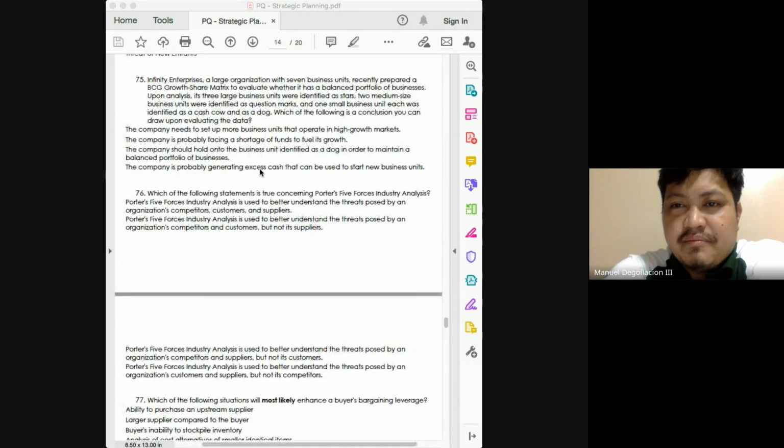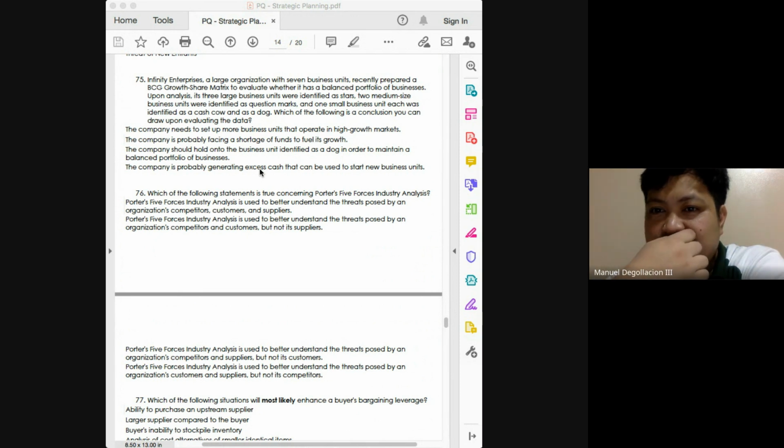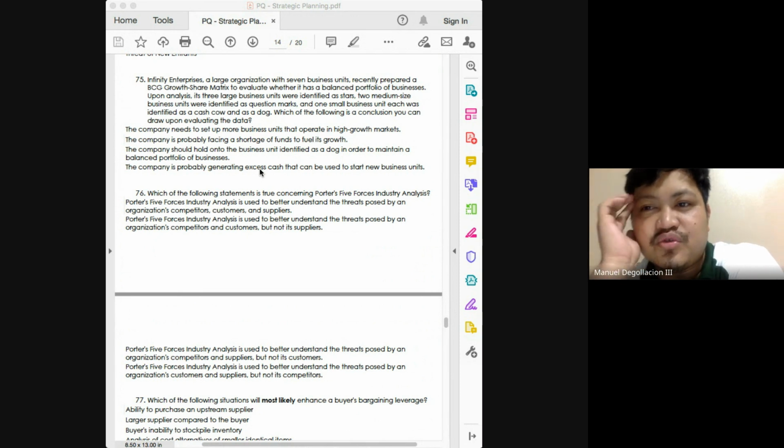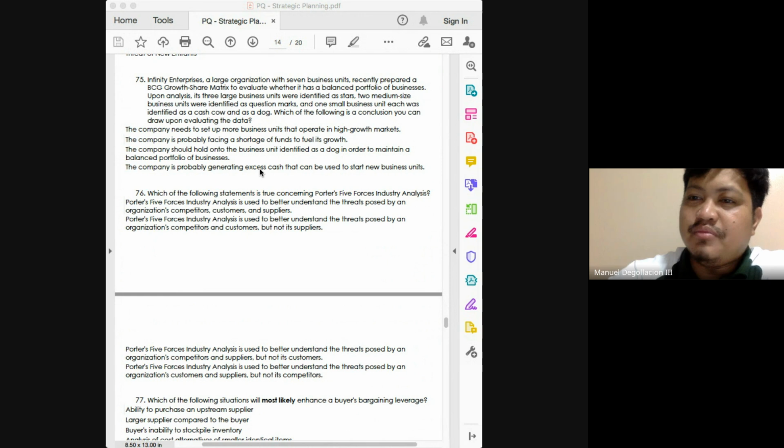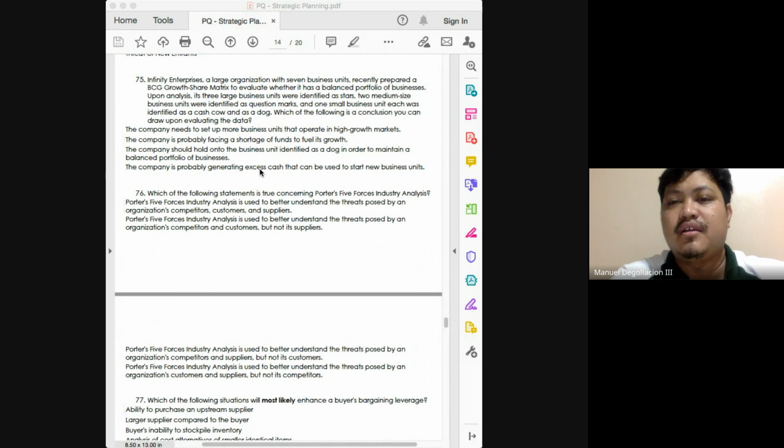Question 75: A company that is a large organization with 7 business units recently prepared a BCG growth share matrix to evaluate whether it has a balanced portfolio of businesses. Upon analysis, its 3 large business units were identified as stars, 2 medium-sized business units were identified as question marks, and 1 small business unit each was identified as a cash cow and as a dog.